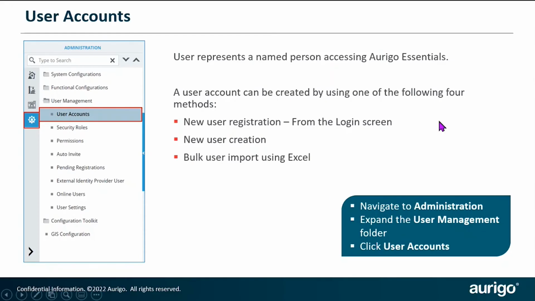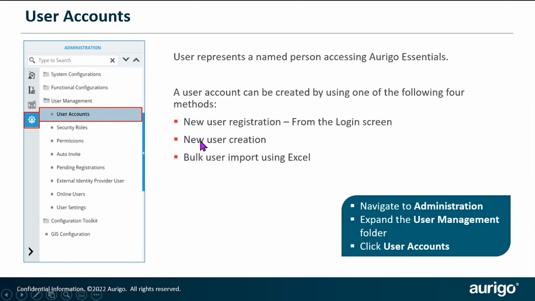So user accounts, you can register new users from, they can register themselves from the login screen, which would make them a pending registration. And as a pending registration, then you as an administrator would need to go in and basically approve the pending registration, then open their user account in edit mode and assign them roles.